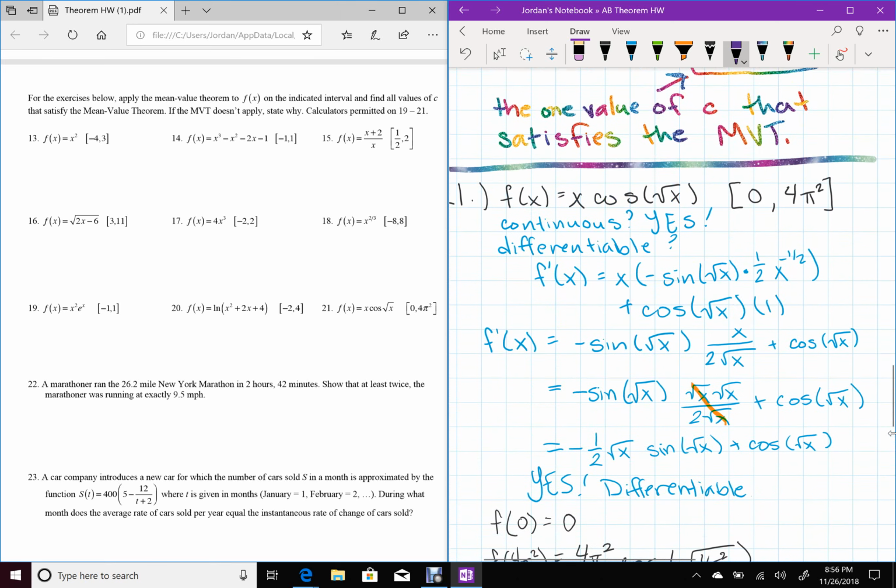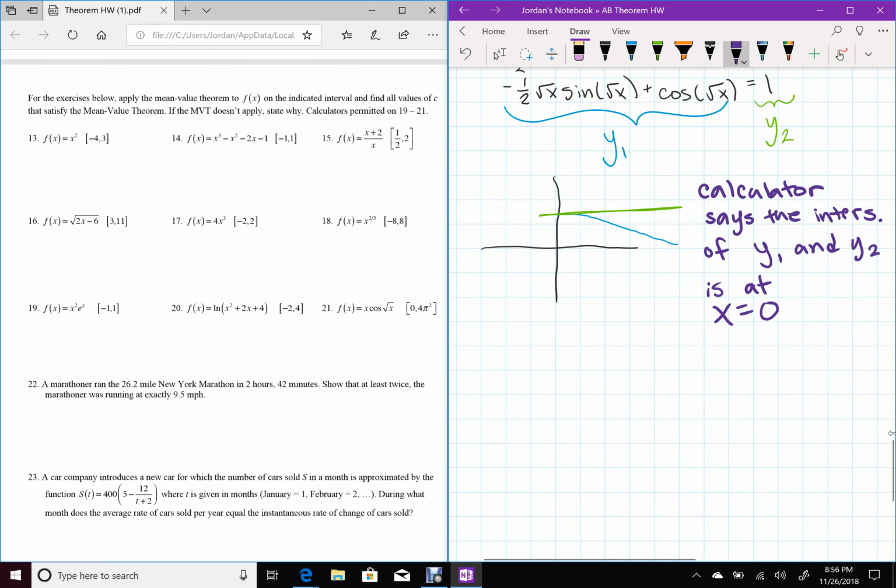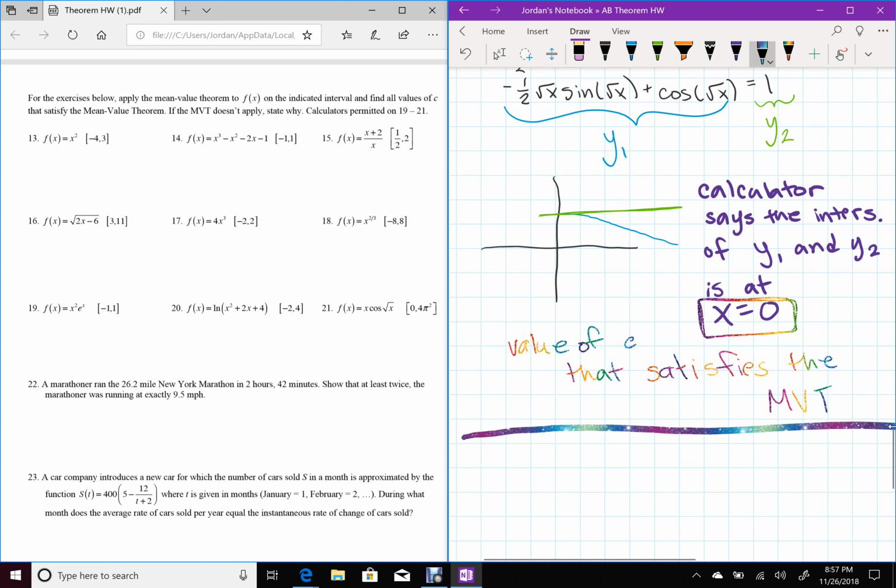And since that is contained inside our domain, that's fine. So that is what satisfies it. This one is the value of c that satisfies the mean value theorem. Okay.